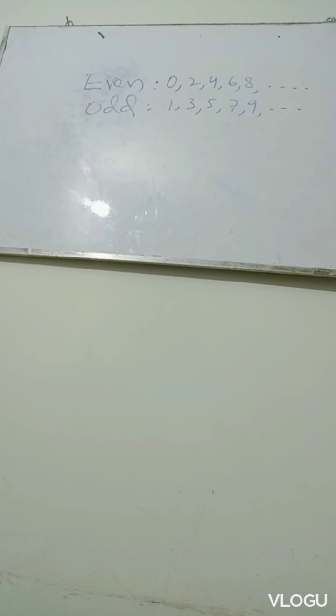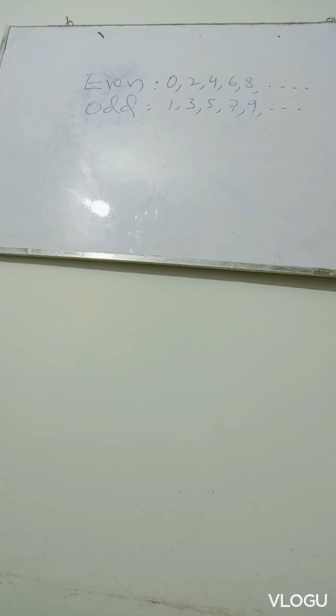Now we will learn another way to classify whole numbers based on the number of factors they have. But before that, we must know what the factors are. Factor: a number exactly dividing another number, leaving no remainder, is called a factor of that number.